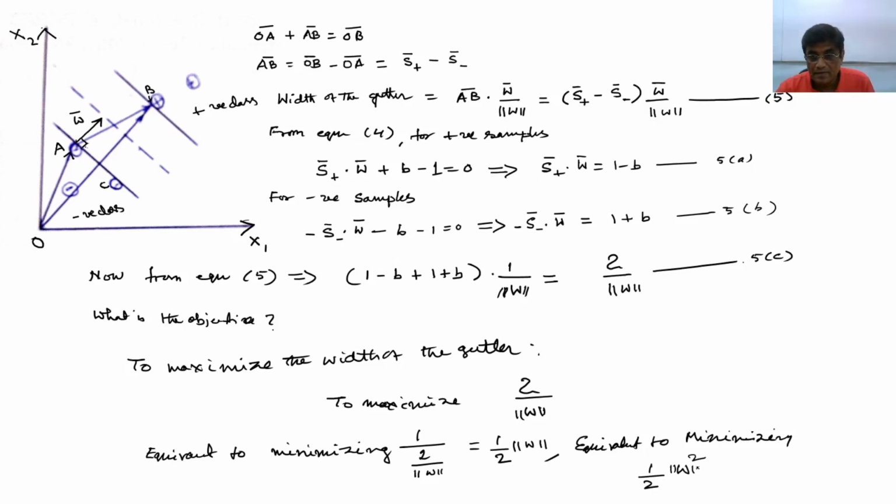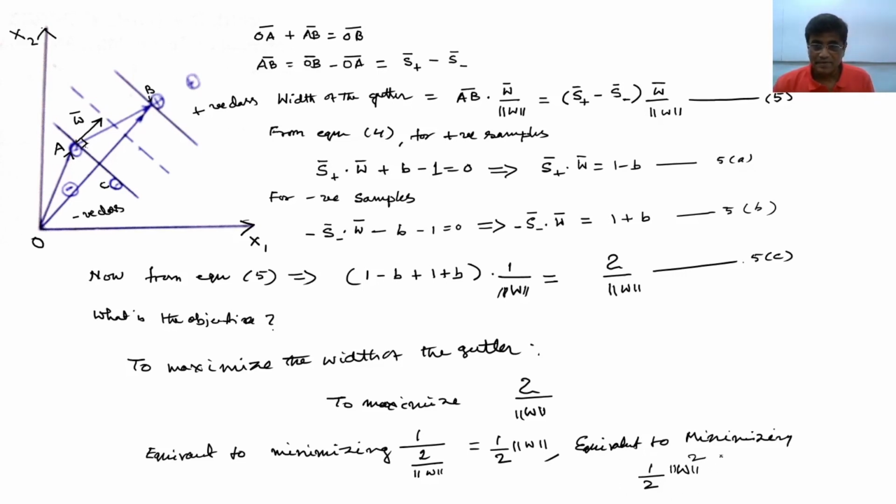Why did we do this? As I told you, support vector machine is modeled as a constrained quadratic optimization problem, and for an optimization problem we need to have an objective function. So the objective function is now half W square, which is a quadratic function. As simple as this.